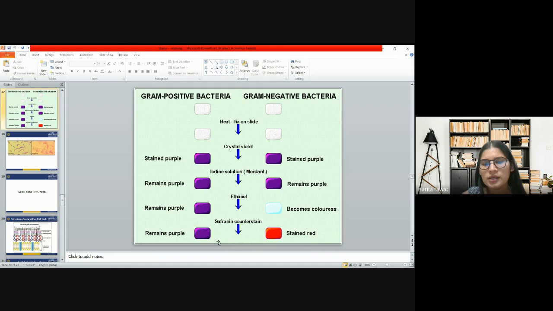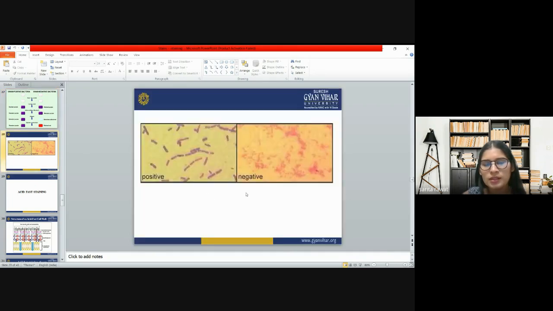Then we take a saffron counter as a counter stain. So it will convert the decolorized gram negative bacteria into the saffron color, red color. So this is the picture of the gram positive and gram negative bacteria after gram staining.